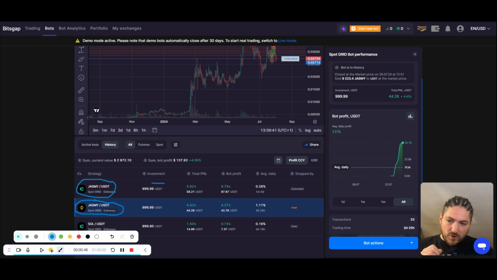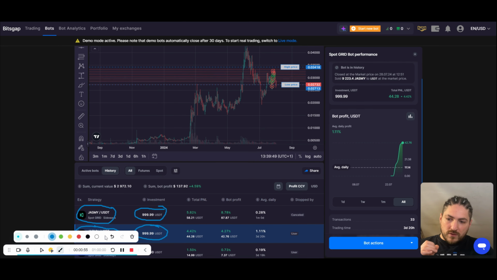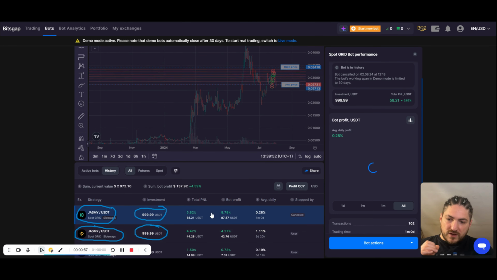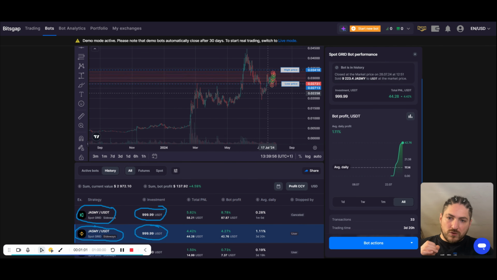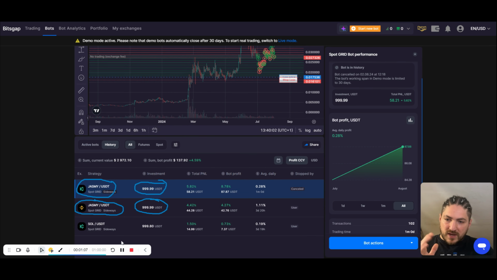They're both set up with the same amount of money invested into them. But the difference is the grid we set up. So on this specific one, the first one, the grid was a bit larger, where on the second one, we did a smaller grid. Now, the second one's a bit more riskier. So we have to keep that in mind as well.